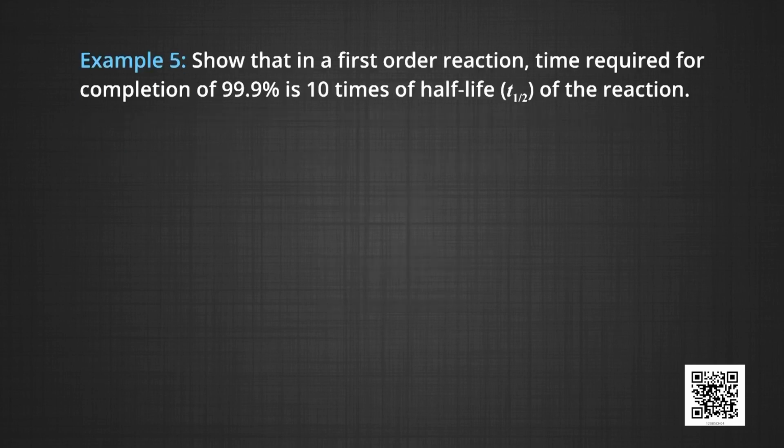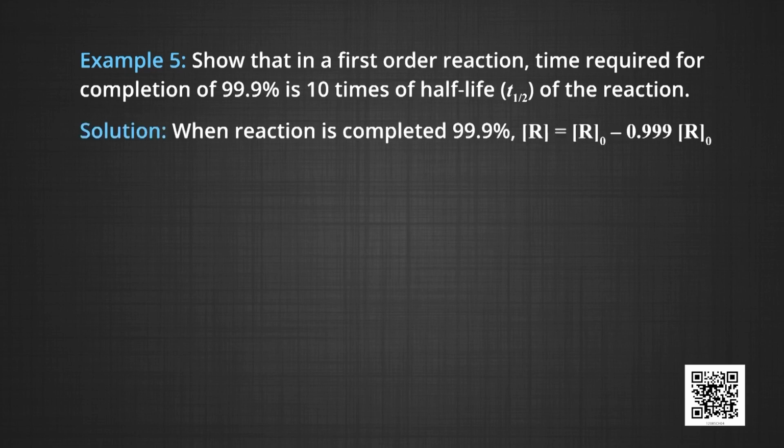Now another example. Show that in a first order reaction, time required for the completion of 99.9% is 10 times of half-life of the reaction. When the reaction is completed 99.9%, then R is equals to R naught minus 0.999 R naught.